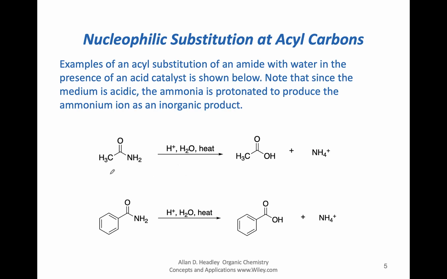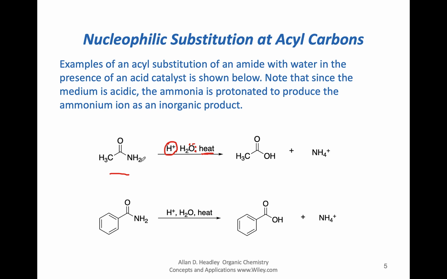Here's an amide, and here is the nucleophile water. As you can see here, that's the nucleophile. So this reaction is generally described as hydrolysis of the amide. Notice an acid is present, and because the reaction is so reluctant, we have to heat it. So heat is also present.